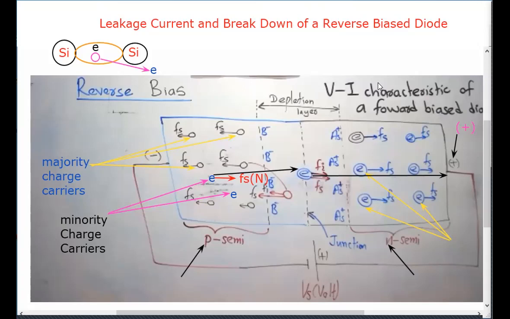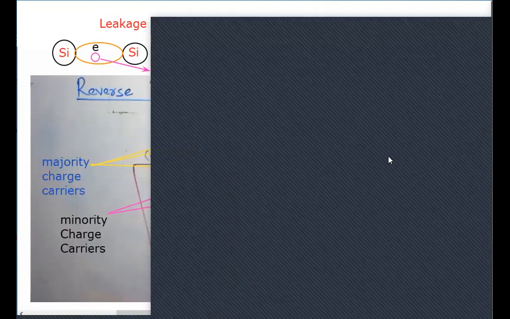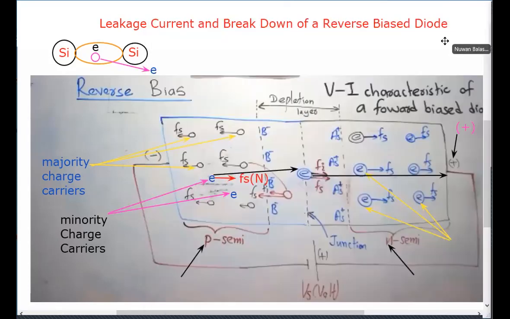That small current is known as leakage current.